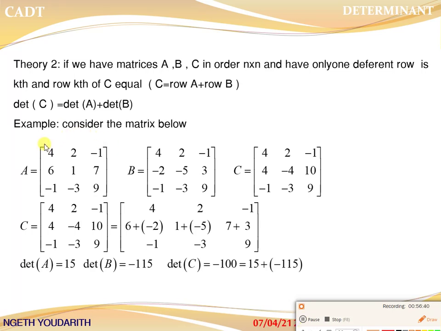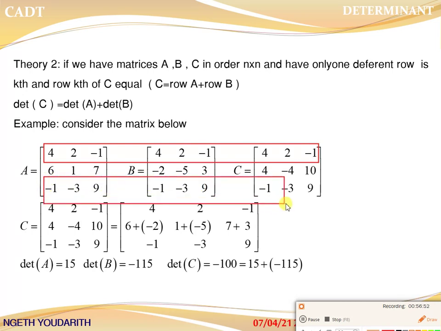We see that row 1 is the same, and row 3 is the same, but row 2 of A, row 2 of B, and row 2 of C is different. Row 2 of C is 4, minus 4, and 10.